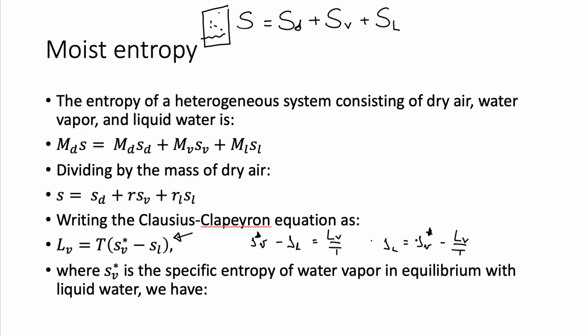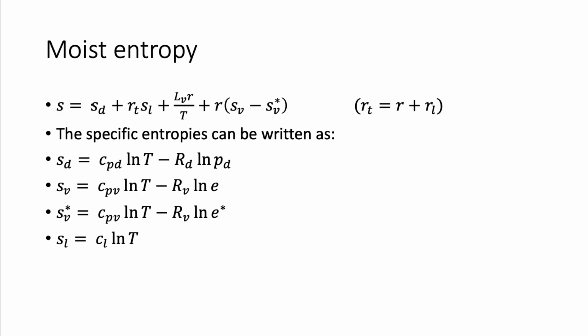Okay. Also, as another definition, RT that we'll use now is RV. We can define a total water mixing ratio as the sum of the vapor mixing ratio plus the liquid water mixing ratio. And if you do that, you end up with a simpler way of writing down the specific entropy. Okay.